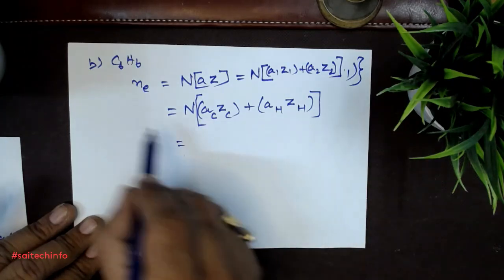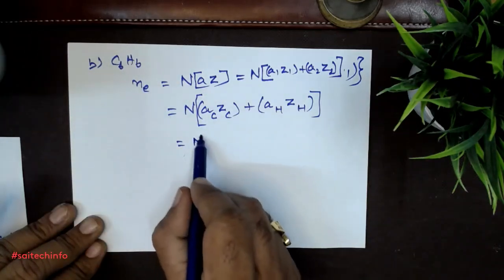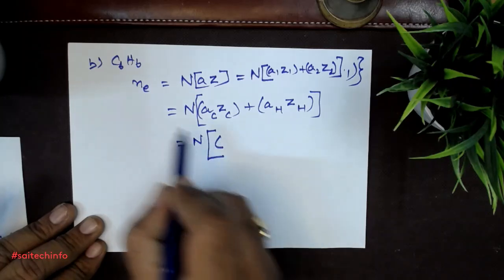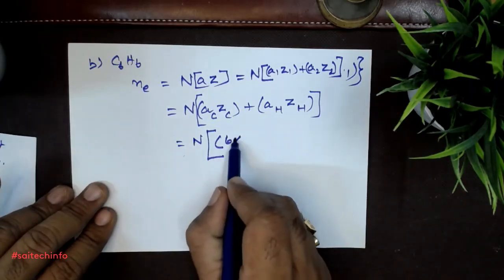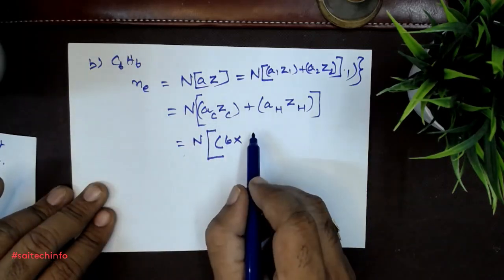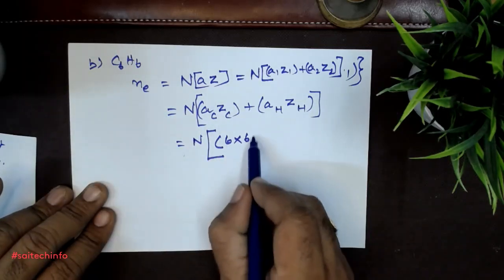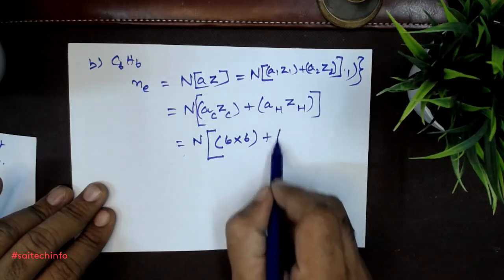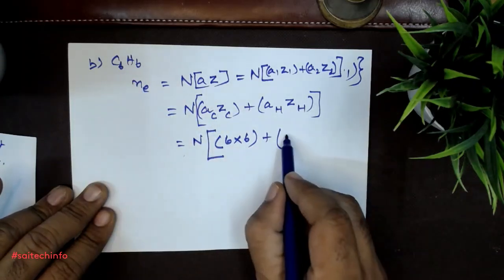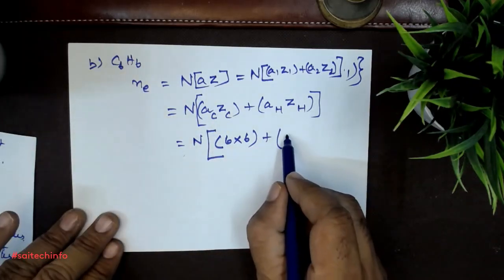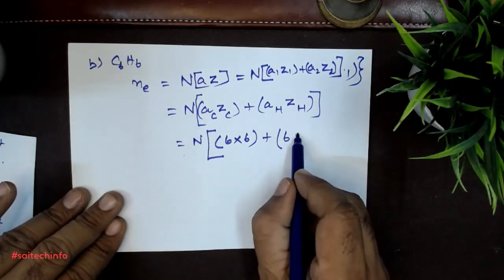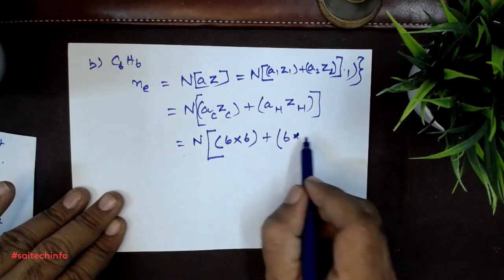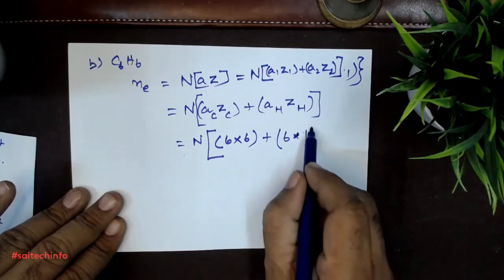So here C6H6, so N into atomicity of carbon is how much? 6, into atomic number of carbon is 6, so 6 into 6 plus, what about this? Atomicity of hydrogen is 6 and atomic number of hydrogen is 1, okay.